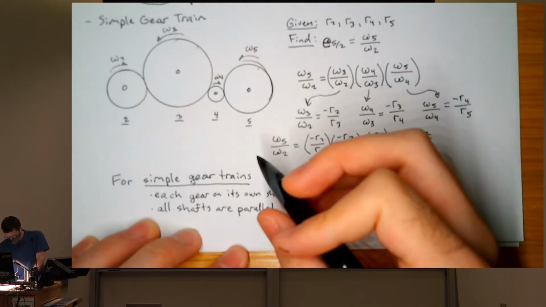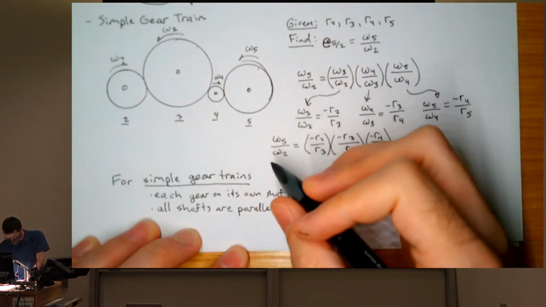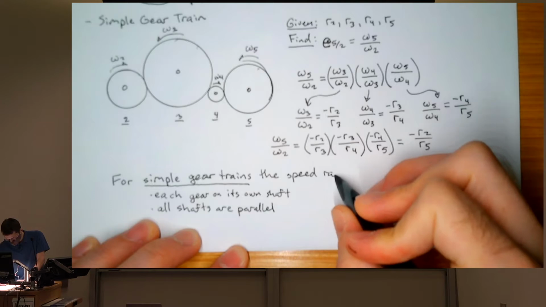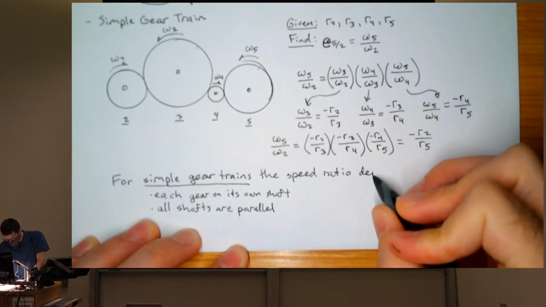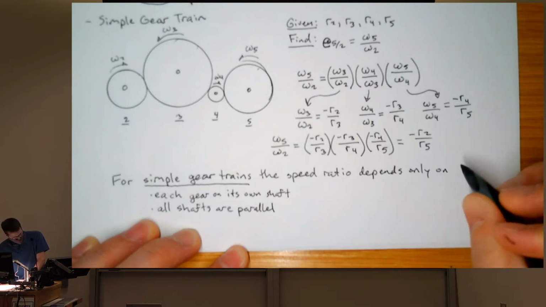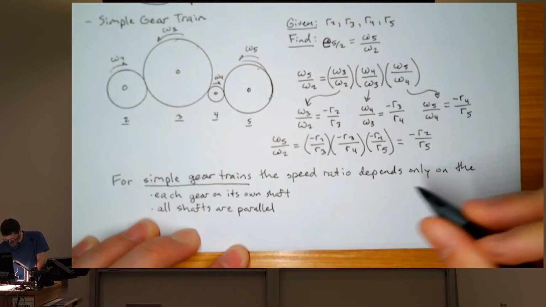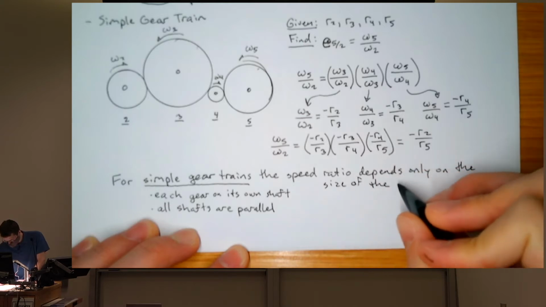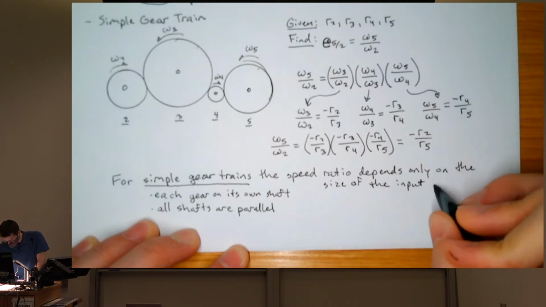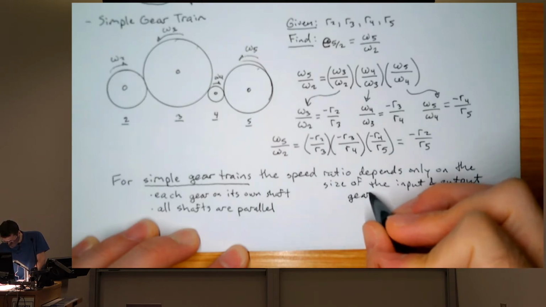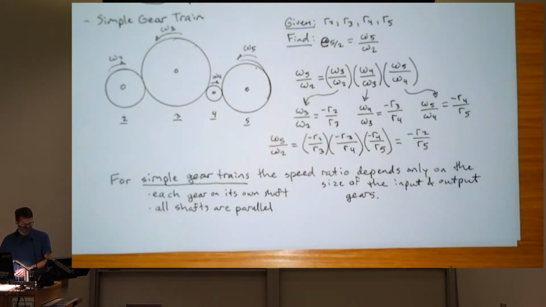In this case, the speed ratio depends only on the size of the input and output gears. Okay, the intervening gears make no difference.